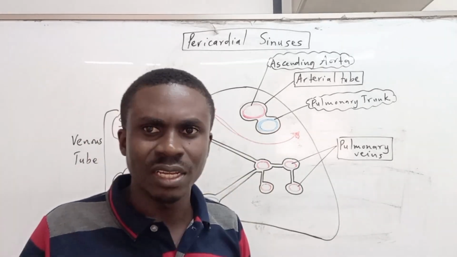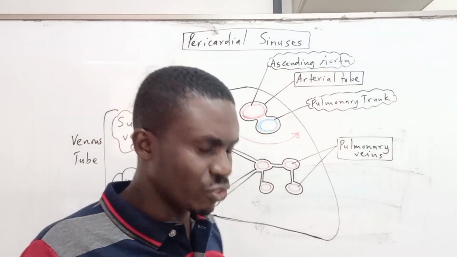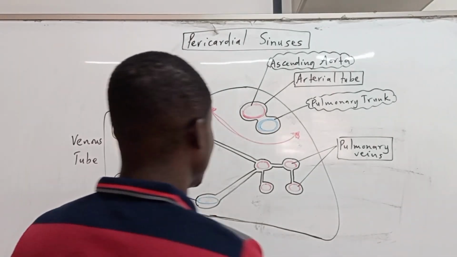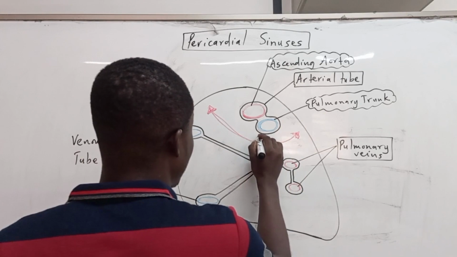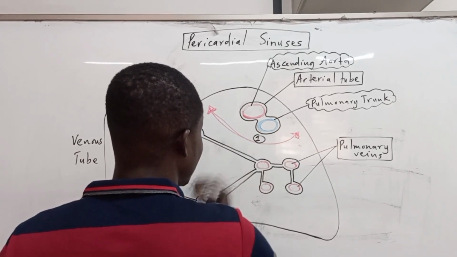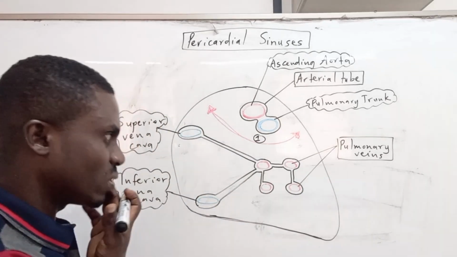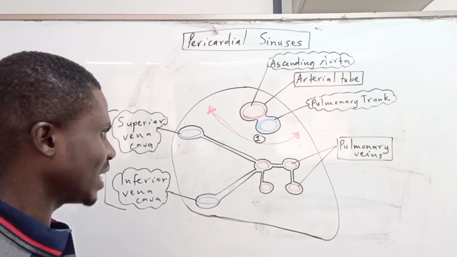So that is why this sinus will be called transverse pericardial sinus. So my friends, this sinus that we find over here, let me call it sinus number 1, will be called transverse pericardial sinus.